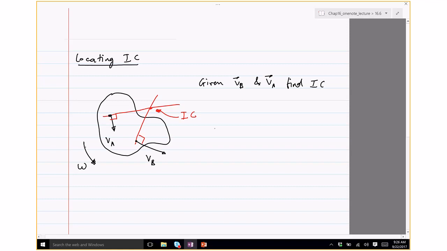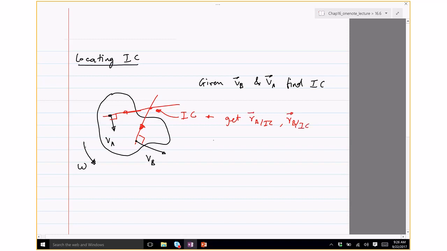So this will give you R A with respect to IC, which is this vector, and then get R B with respect to IC.